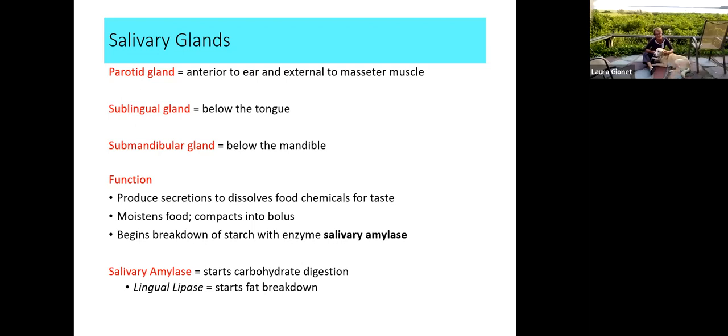The majority of fat digestion is going to take place in the small intestine from the lipase produced by the pancreas. But I have to admit that yes, in saliva, there's a little bit of lingual lipase.